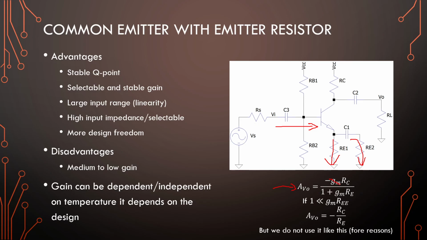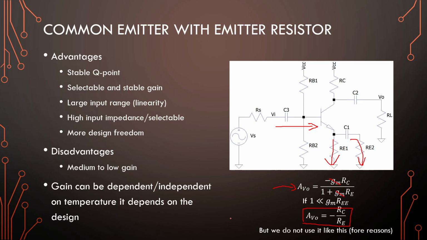And the GM is the temperature dependent part here. So if we can get rid of GM, we can stabilize our gain entirely. But for that, GMRE must be much greater than 1, and the equation will reduce to RC over RE.